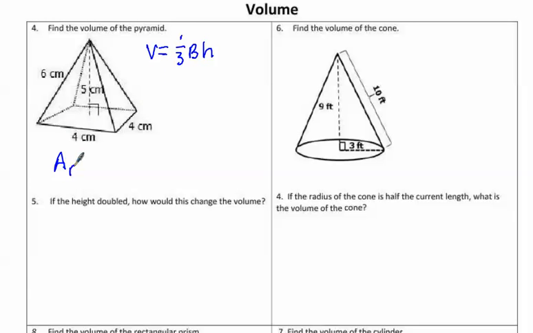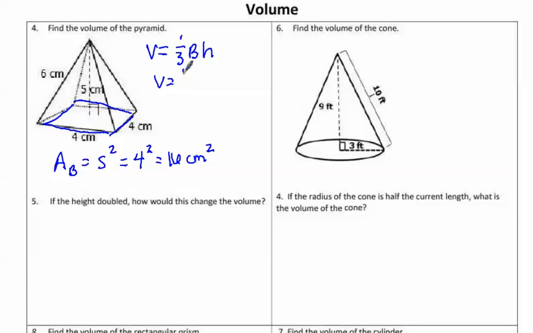To find the area of the base, it is a square. So you want to do side squared, which is 4 squared. 4 times 4 is 16 centimeters squared.